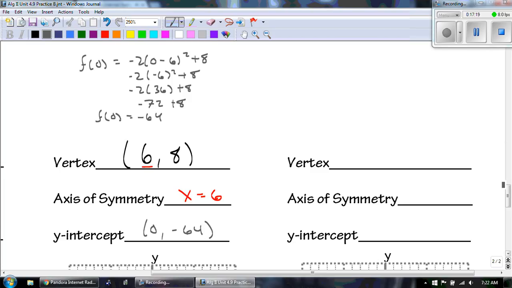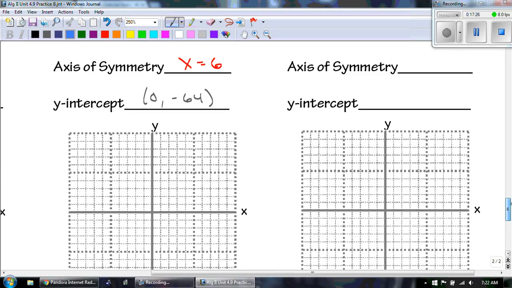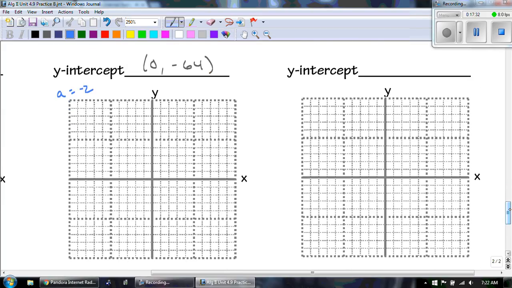Okay, and then we have a negative 2 pattern. So down here, I know that a equals negative 2, and I'm starting at 6, 8. So here's 6, 8. If you want to graph the axis of symmetry, and then follow your pattern.